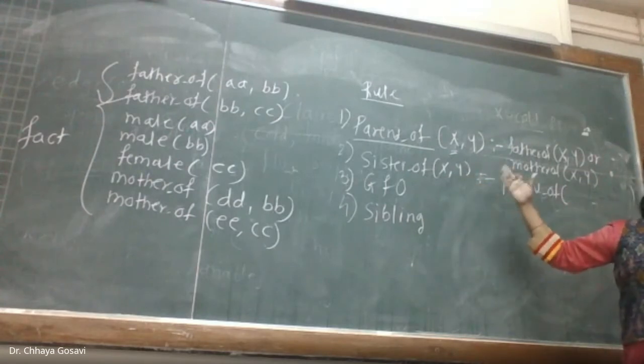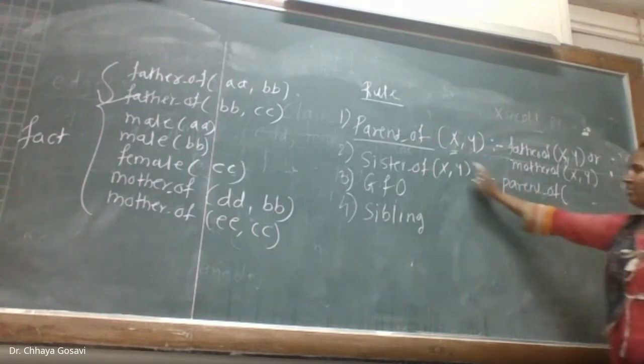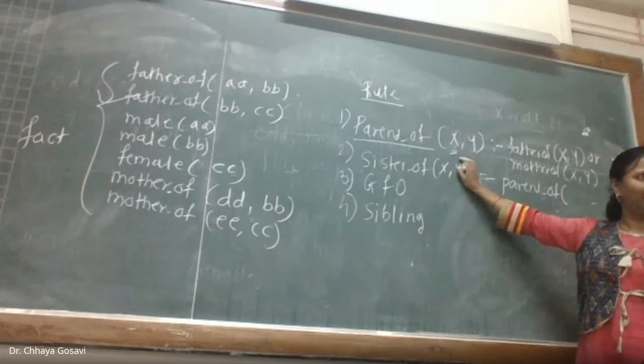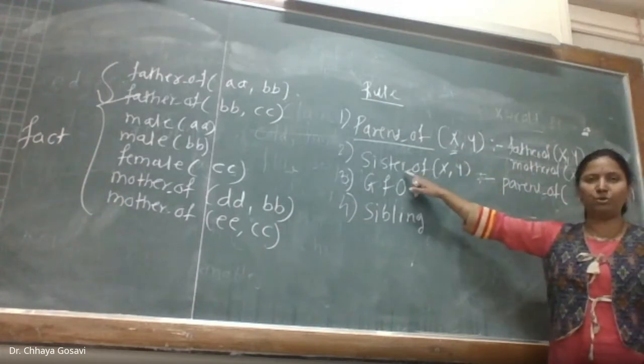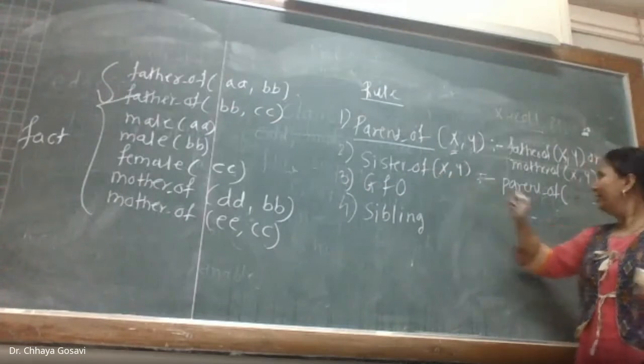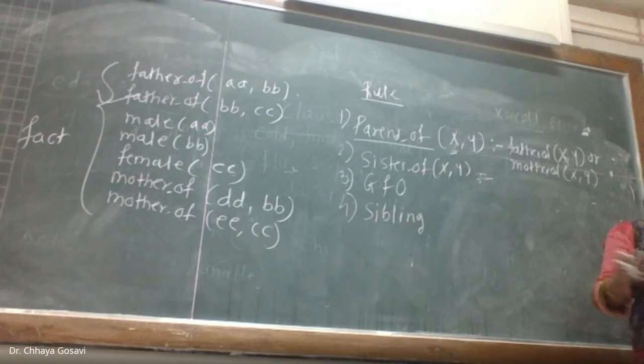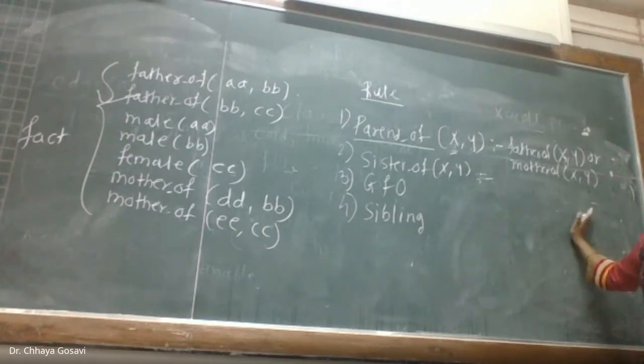Y can be male or female. I can be a sister of my sister, or I can be a sister of my brother. So we are not considering the gender of Y. But as a relation, I have to define sister of. So X should be a female. If X is a male, then it will not satisfy the query further.